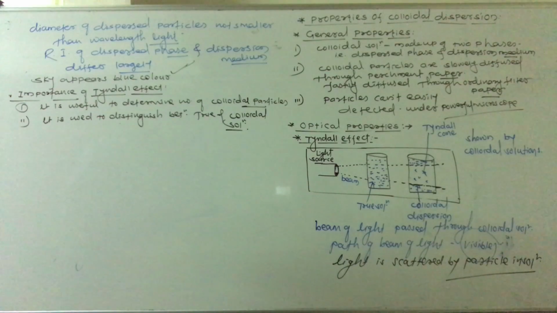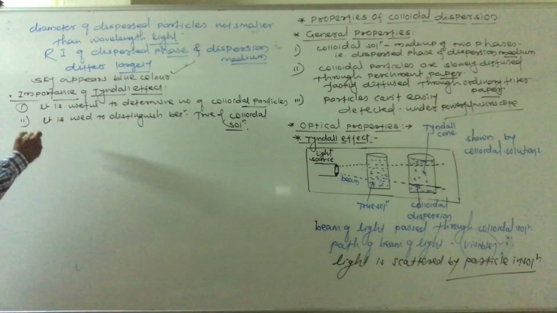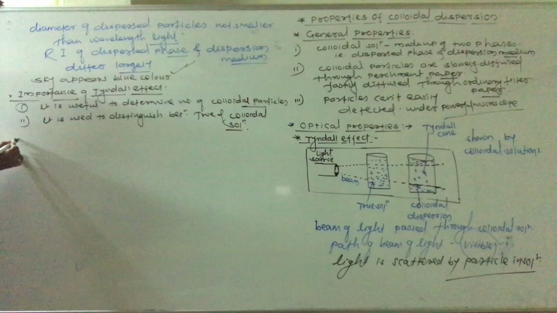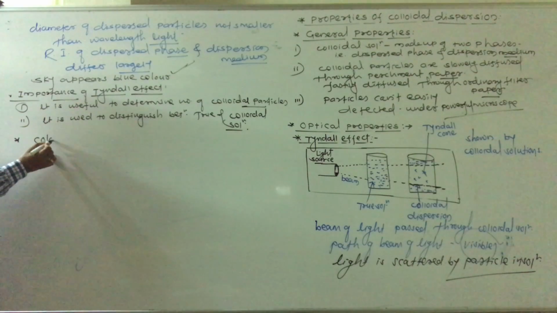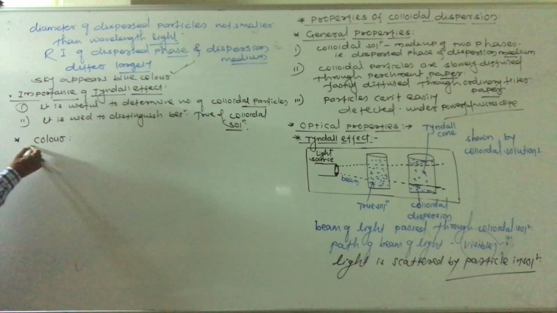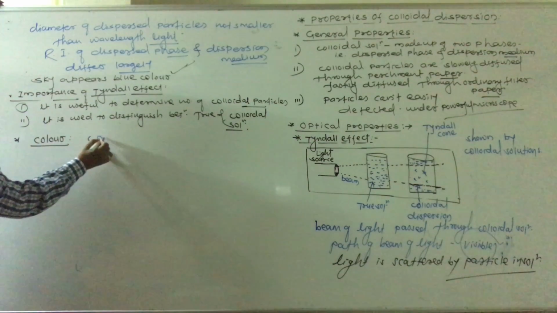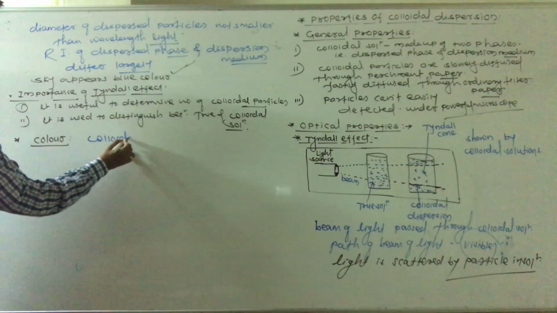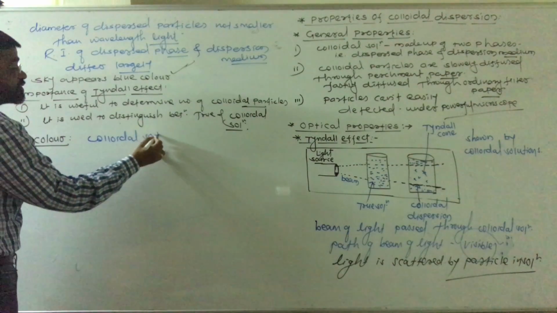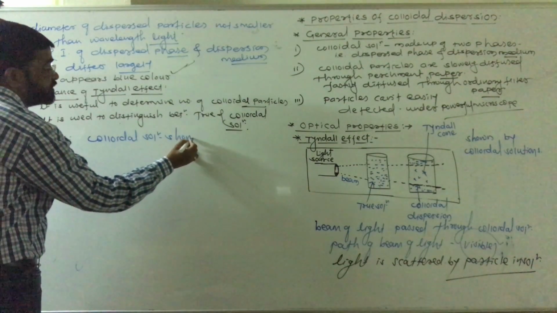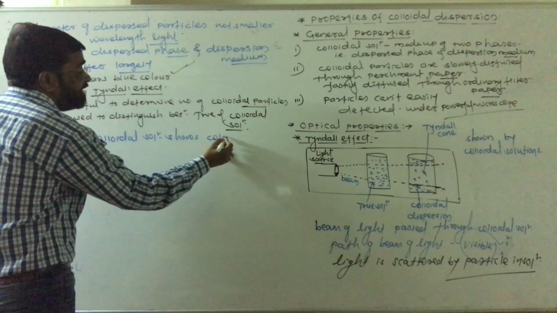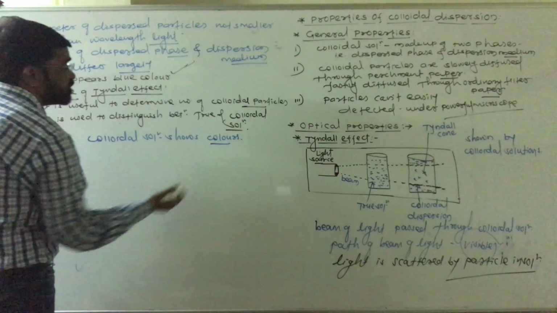See, one more property of colloidal solution, that is also an optical property. We have to study the color of colloidal solutions. Colloidal solutions show colors. Why do they show the color?